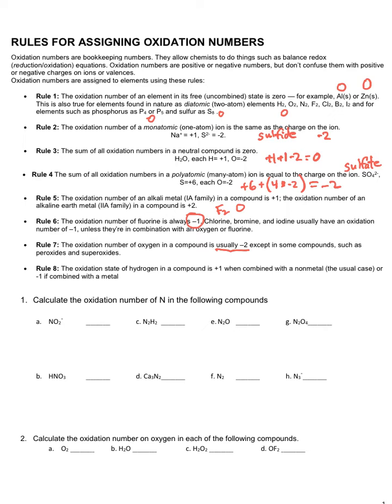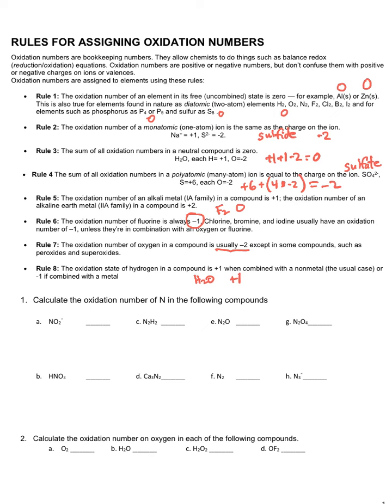Rule number 8, the oxidation state or oxidation number of hydrogen in a compound is +1 if it's combined with a nonmetal, which is the usual case, or it's -1 if it's combined with a metal. And so up above, when we looked at H2O, hydrogen is combined with oxygen. Both of them are nonmetals.